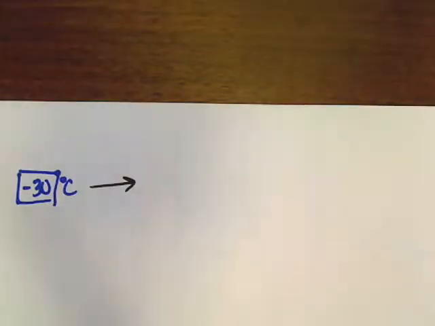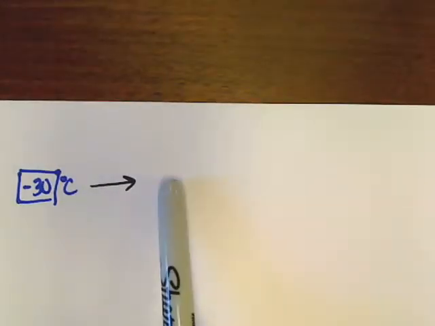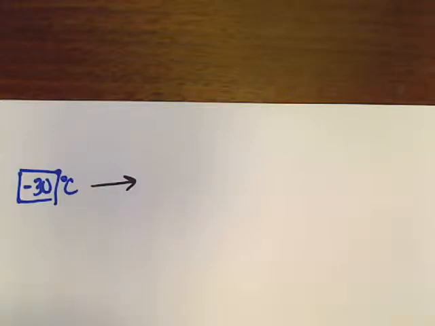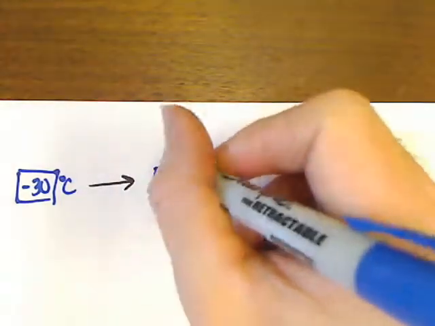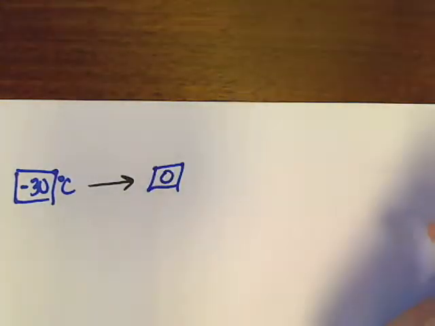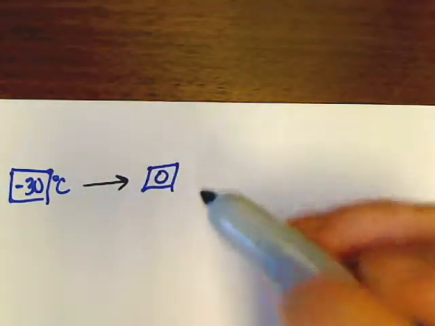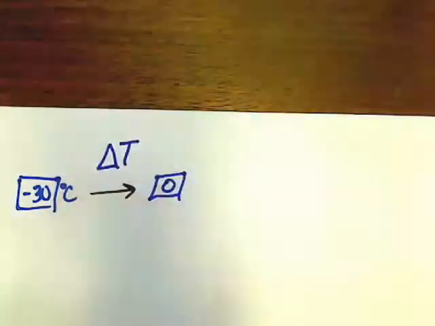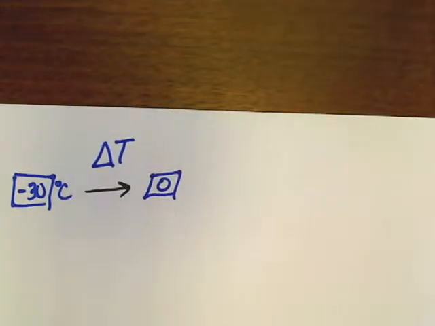You know the freezing point of water is 0, which means the melting point of ice is 0. So before you can even try to melt a piece of ice, you've got to change its temperature to 0. Before you can melt it, the first thing you have to do, and I'm going to write delta T, is get its temperature warmed up to 0.